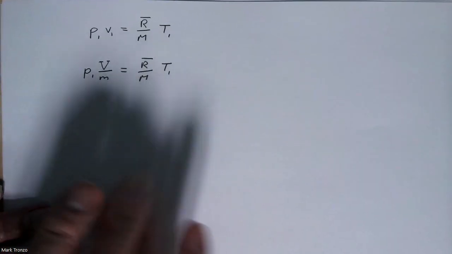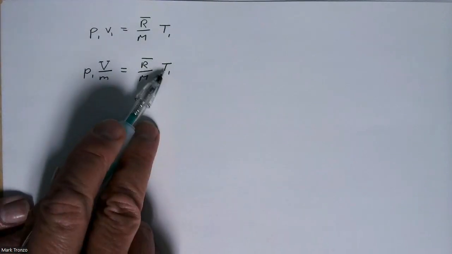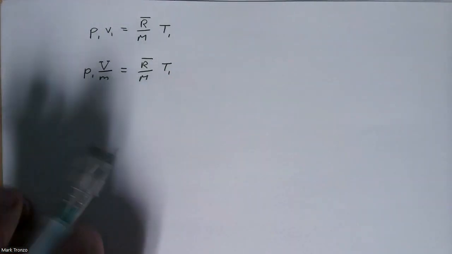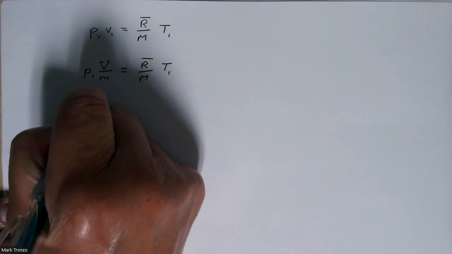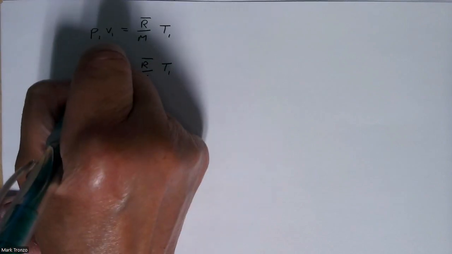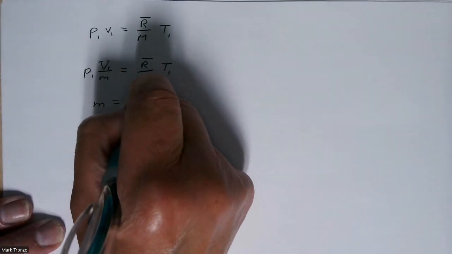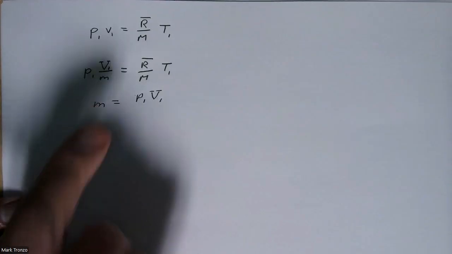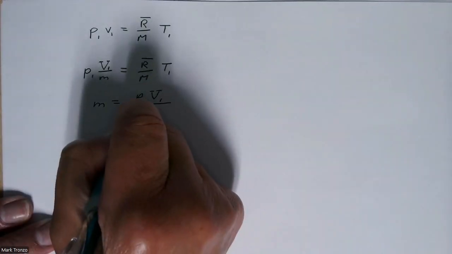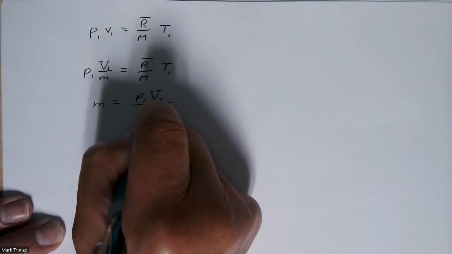You can see we can solve for mass by multiplying by the m over here and bringing this over here. I'll change sides while I'm doing that. So this is going to end up being P1 V1, and actually this should be a V1 here, by the way. Now I move the m to the other side. And then here we're going to have R, m, and then T1, like this.